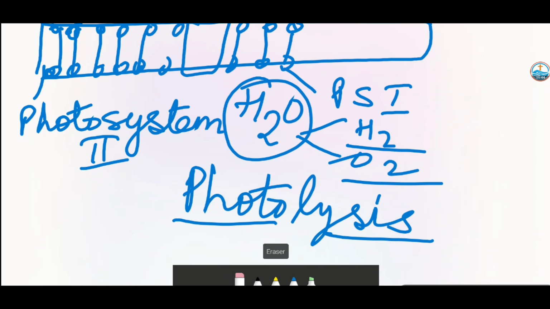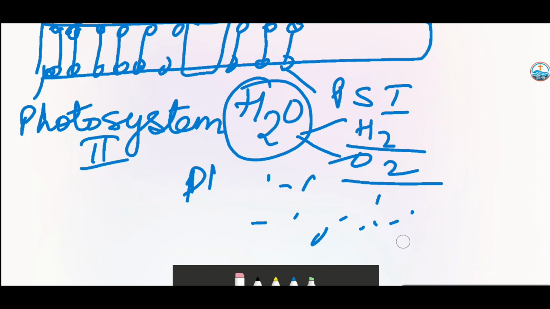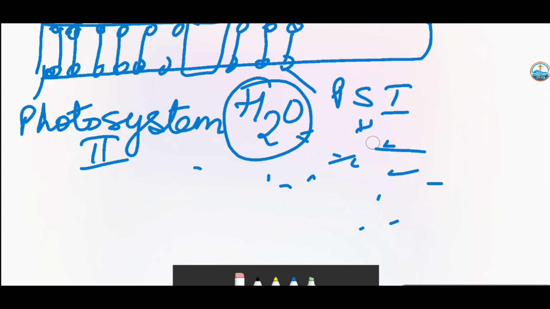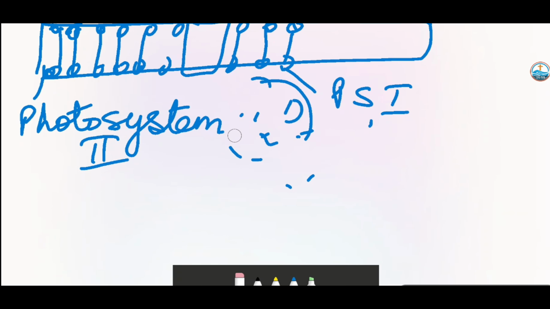This energy from the electrons is used to pump the hydrogen ions across the thylakoid membrane. I hope you understood this.